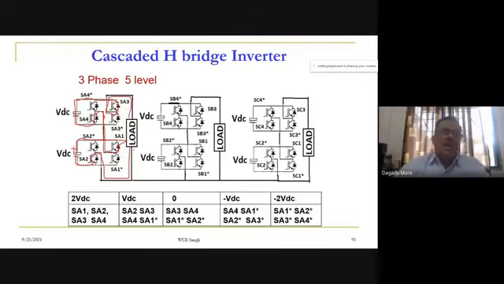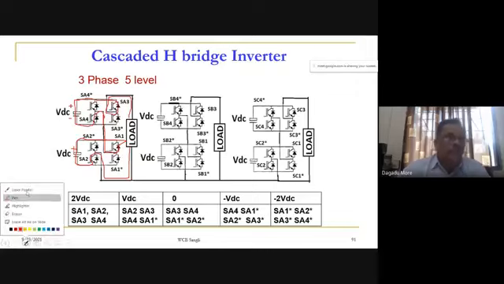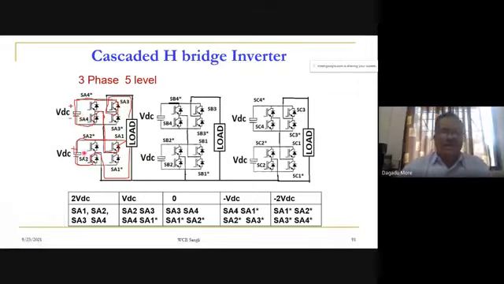If you connect this plus to the minus of this, it means that these two DC sources are connected in series. So the voltage appearing across this will be VDC plus VDC.